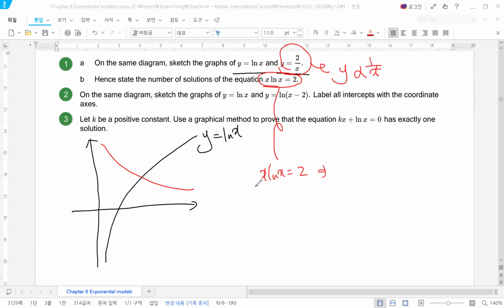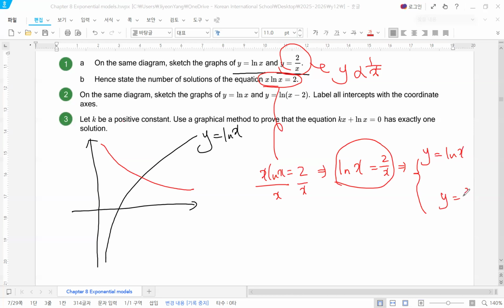It means that you can divide both sides by x, and then you can make this ln x equals 2 over x. It means that the solution of this equation is actually the simultaneous solution of y equals ln x and y equals 2 over x. Do you understand? So you need to find the intersection point of these two graphs to find the number of solutions of this equation. How many solutions does it have? 1.